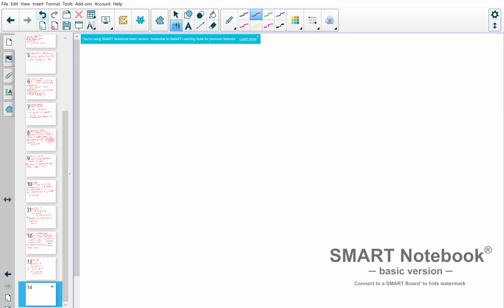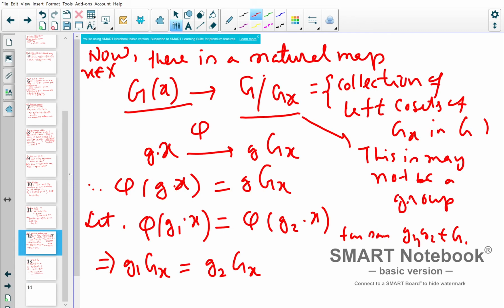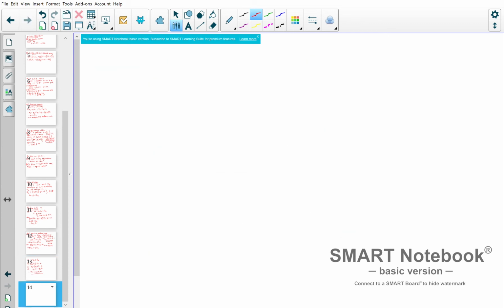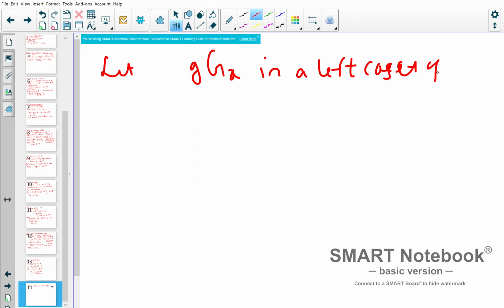How to prove the map is surjective? I need to show that given any left coset there is a pre-image. So let g gx be a left coset of gx.